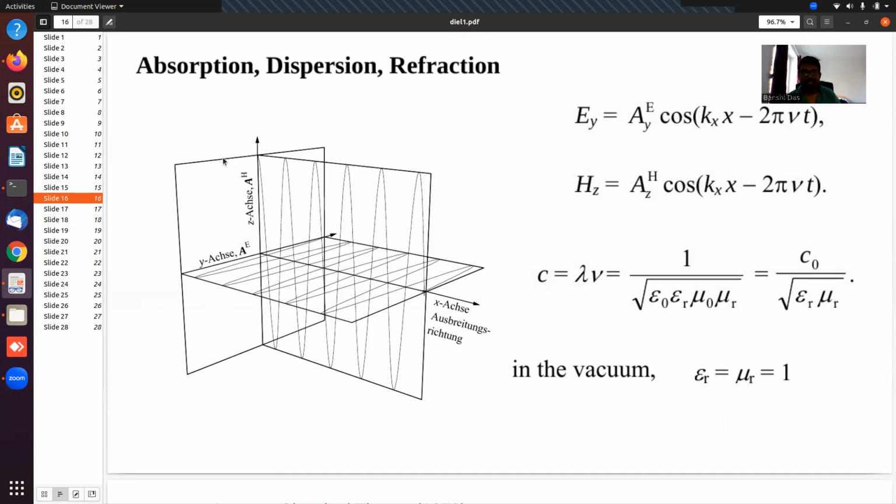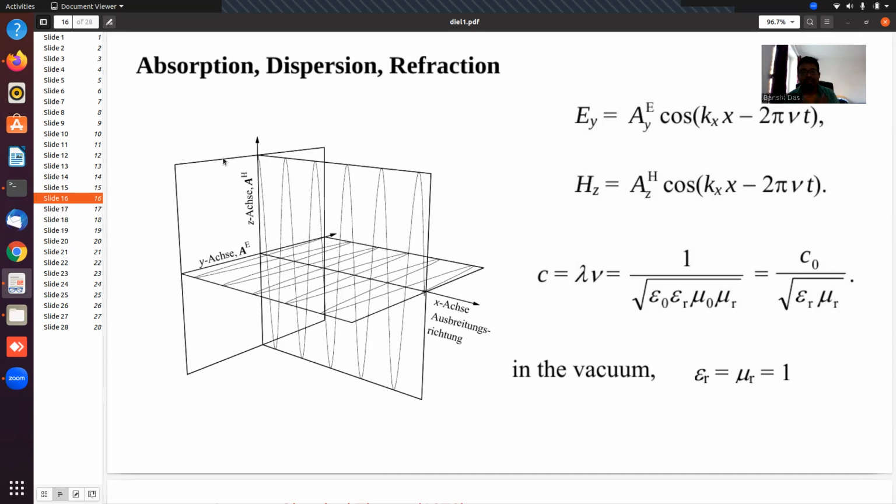Light wave means this electromagnetic wave, where both electric and magnetic fields are there. But for us chemists, we are mostly interested in the electric. We do not consider paramagnetic material here; we consider only normal dielectric material.